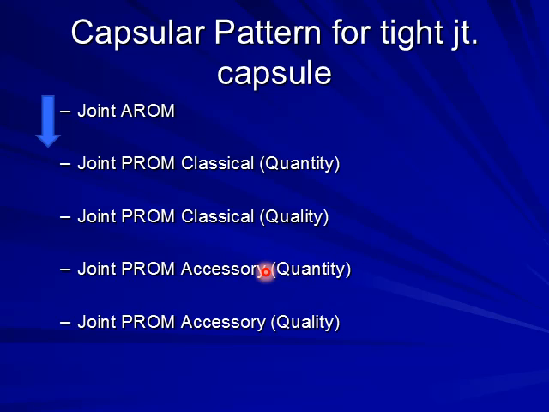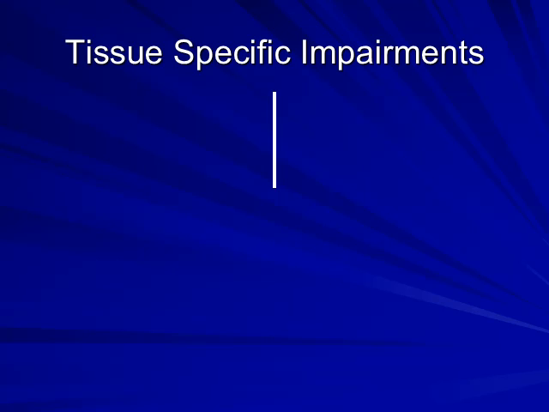So we still have that concept of flexion limited greater than extension. We just have to speak in accessory terms now. So the accessory terms are anterior glide limited greater than posterior glide. But the quality is, again, the same thing as before. It's your end feel. So it's going to be tight joint capsule again. Let's move on.